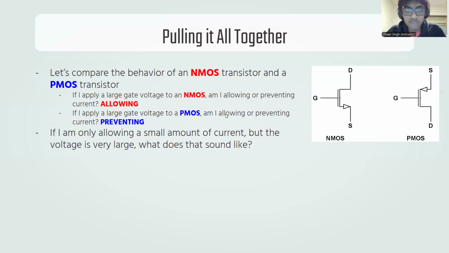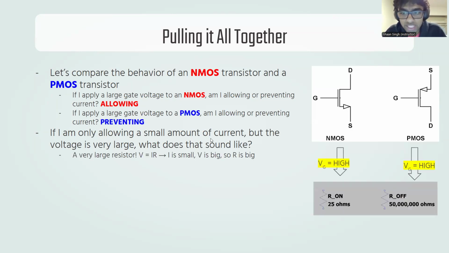So if we have a device that allows a very tiny bit of current for a very large voltage, what do we call that device? Well, to me, that just sounds like a very large resistor, right? A very large resistor takes a very large voltage and allows only a tiny bit of current, right? V equals IR. If V is very large and I is very tiny, that means R has to be very, very large.